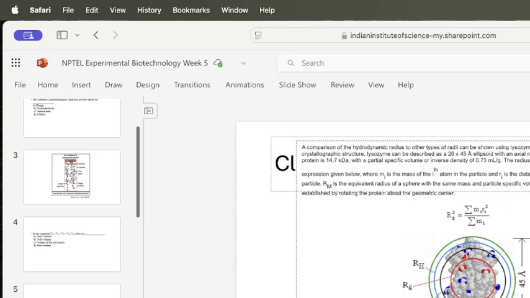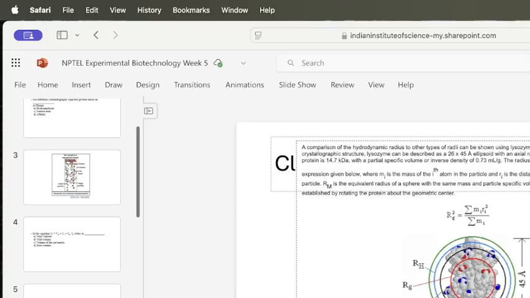So they say that the radius of gyration is where you have the mass and the distance from the center of the mass. For a protein which you can define in two axes which are not equal, which means this is an ellipsoid, there is 45 angstrom length on one axis and 26 angstrom length on the other axis. So it's clearly not a sphere.